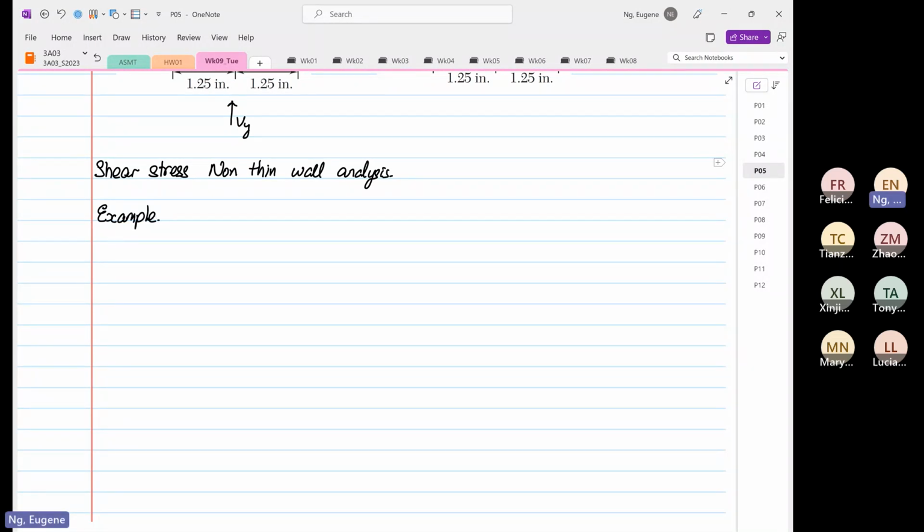So I will not calculate the first moment of area, all these, okay? Those are there already. So this is non-thin wall. And then we have homework 5, question 5. Let me get that image.